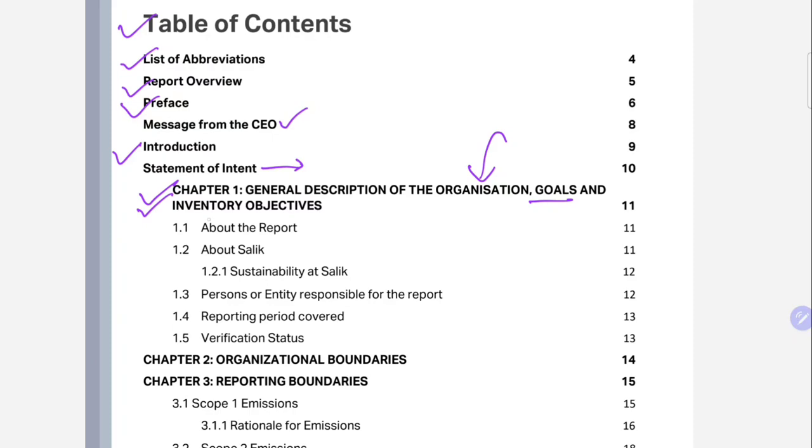Okay, inventory objectives also we will see here. In chapter 1 itself you see the report about Salik, the company itself, what the sustainability is about at Salik, persons or entities responsible for the report.